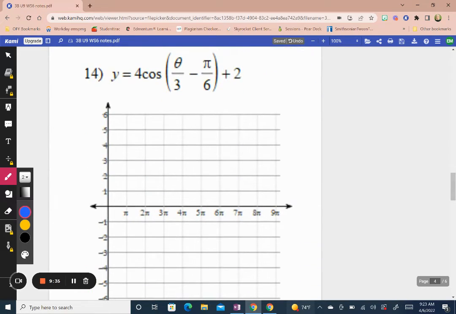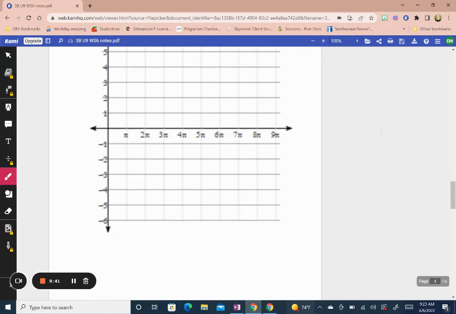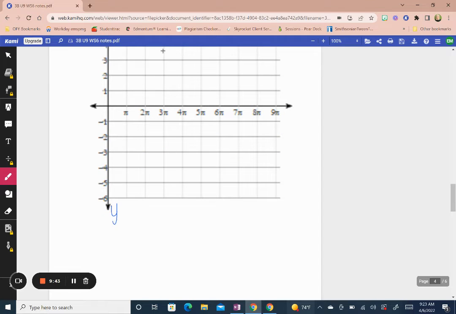Let's take a look at this one. So same thing as before, I'm going to be putting this back into the same form. So this is going to be y equals a cosine of b theta minus c plus d.